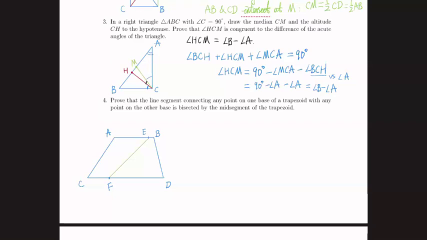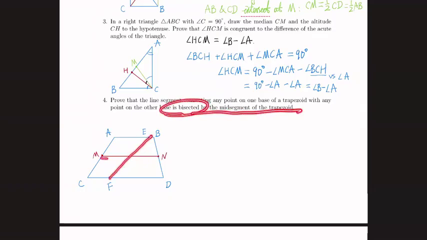The conclusion is the mid-segment. The mid-segment of the trapezoid will be two midpoints. Let's call them M and N. We want to see that this segment is bisected by the mid-segment.